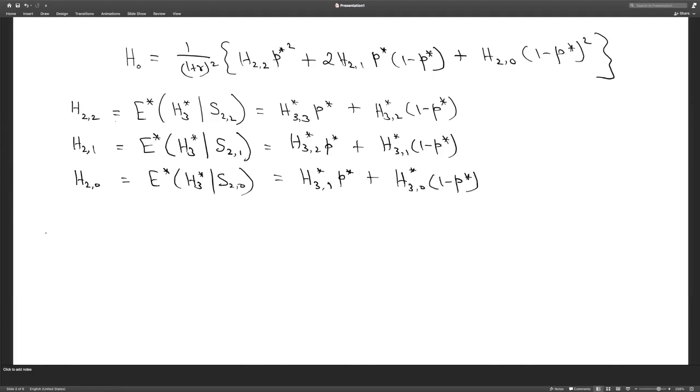So putting all these values above and noting that H3 star can be written as 1 by 1 plus R, we have 1 by 1 plus R, already square is there.